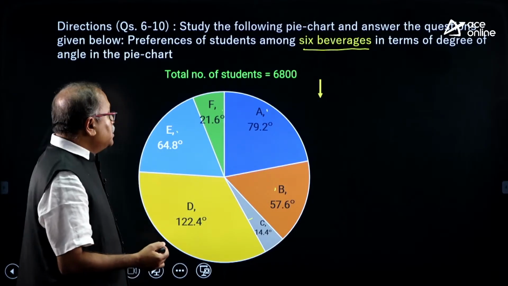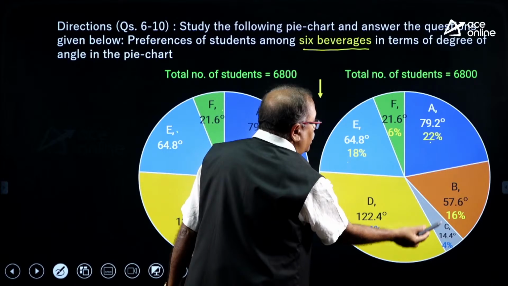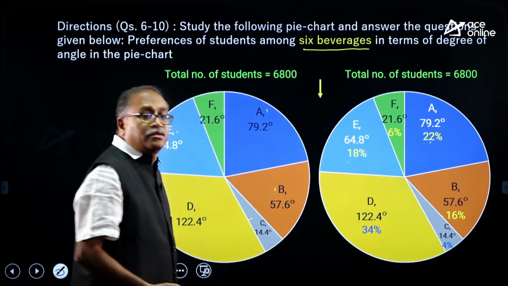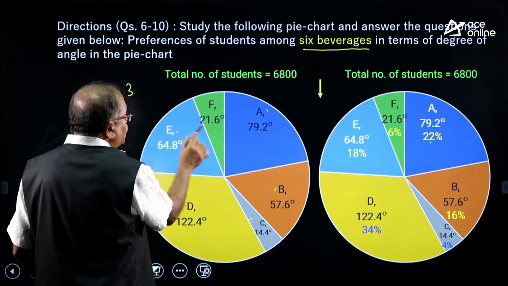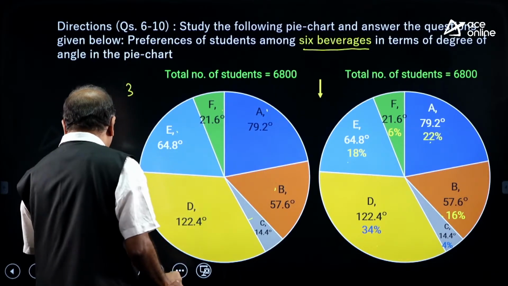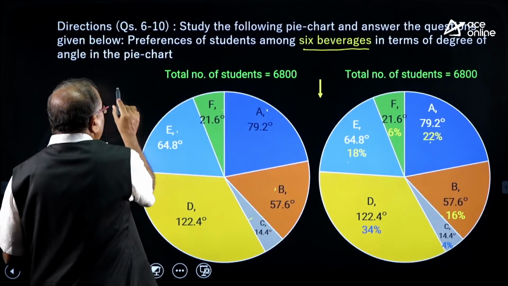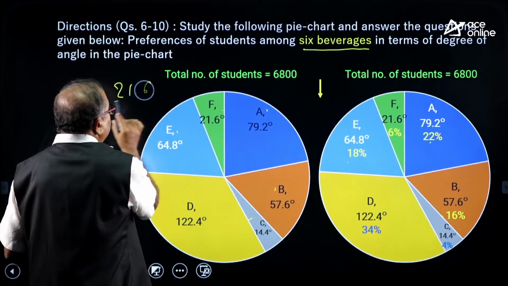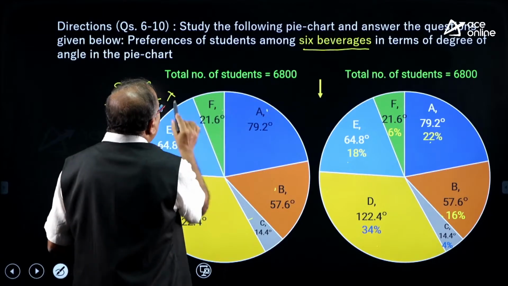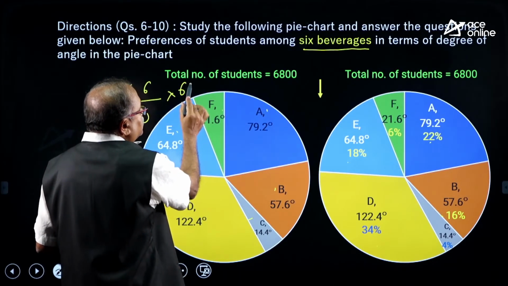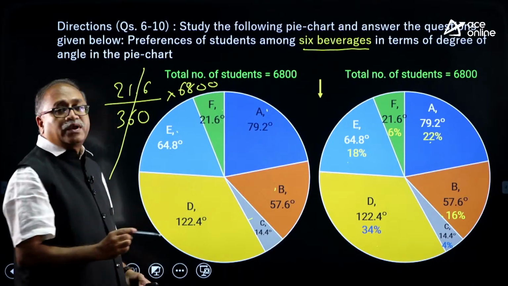What you can do is, if you can convert this into percentage, well and good, then it will be easy. Or else, every time, if it says 21.6 degrees, you need to do 21.6 divided by 360 into the total number of students, that is 6800, and then cancel.